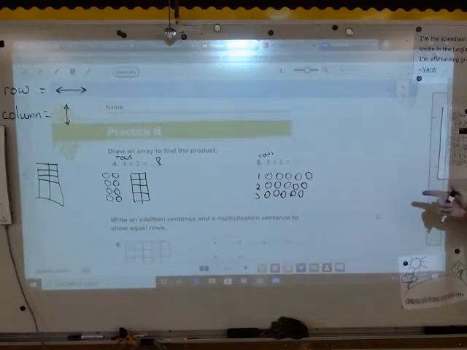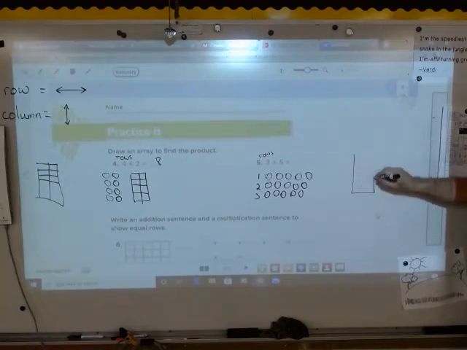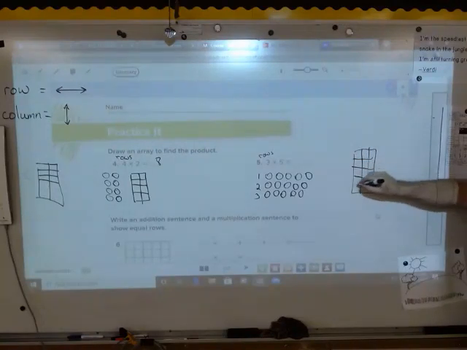And hopefully yours looks like that. Did anybody accidentally do it this way? Yes. Okay, that technically would be 5 times 3. That's 5 rows with the 3 in each row.